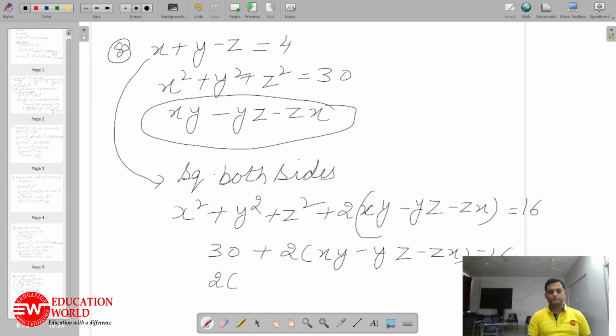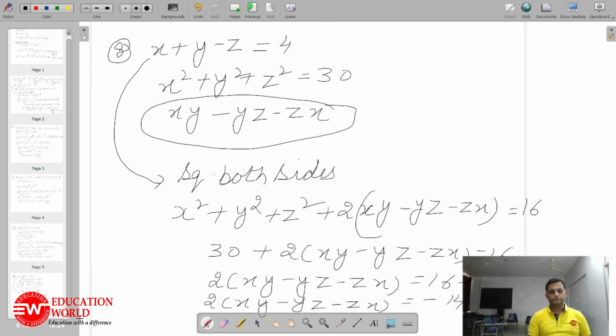So 2(xy - yz - zx) is 16 minus 30. So 2(xy - yz - zx) is minus 14.